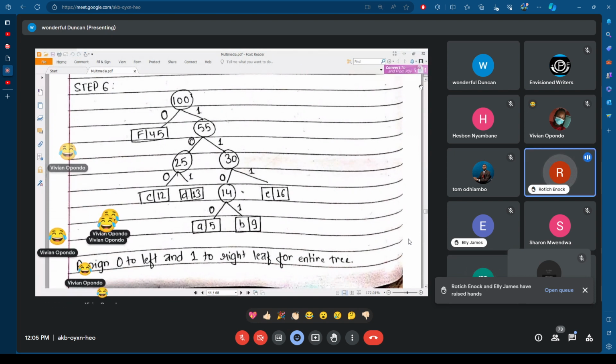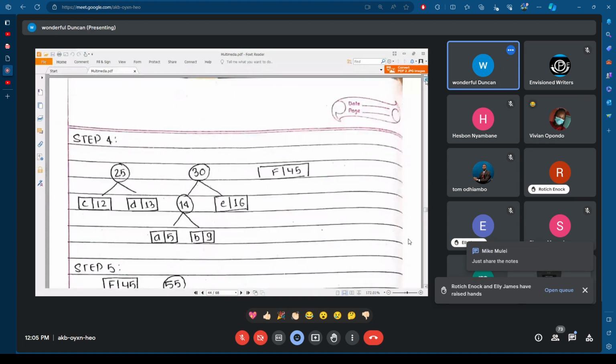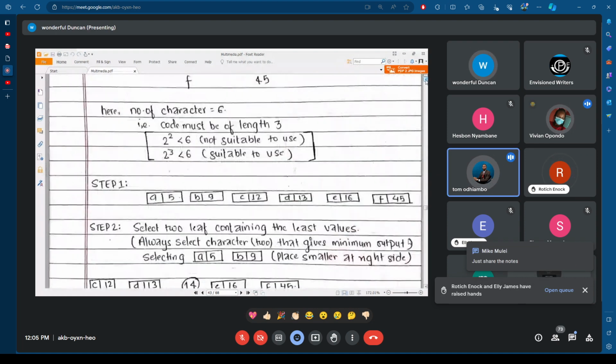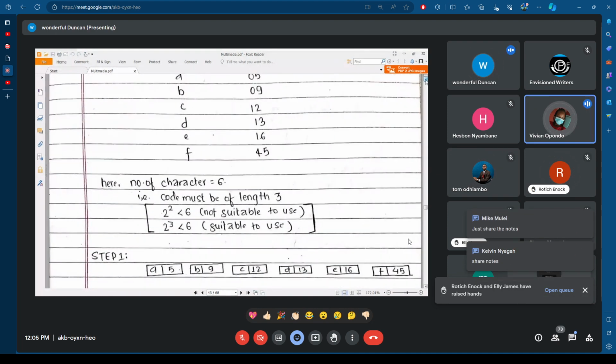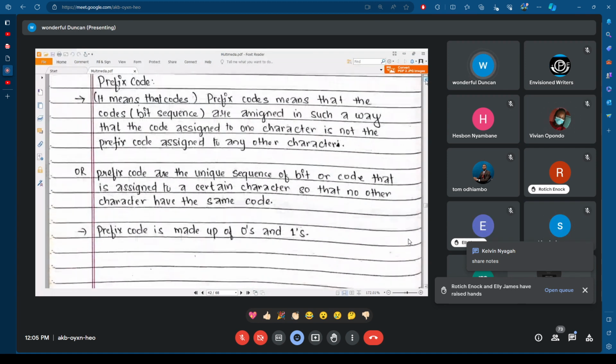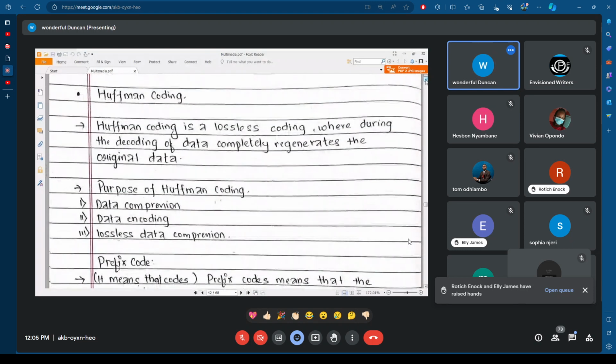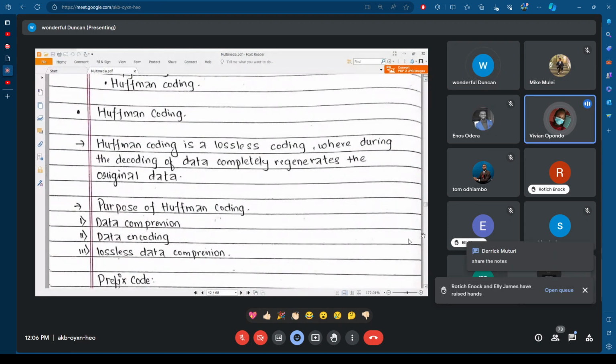Can you share the notes? We are too fast. Kindly send us the notes. So we use the notes and follow through from our end.